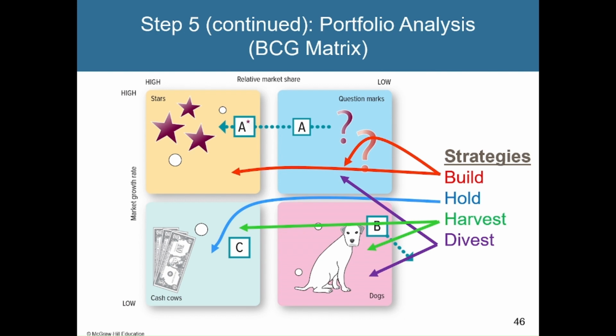For question marks with limited room to grow, we need to consider divesting them. So those are the next steps or the proposed actions based on our categorization of the current performance of the strategic business units or product lines of the company at this moment.